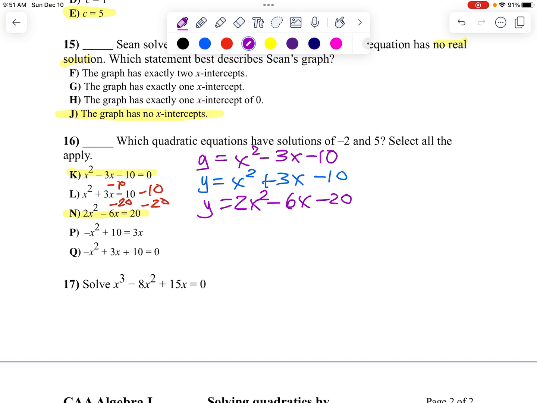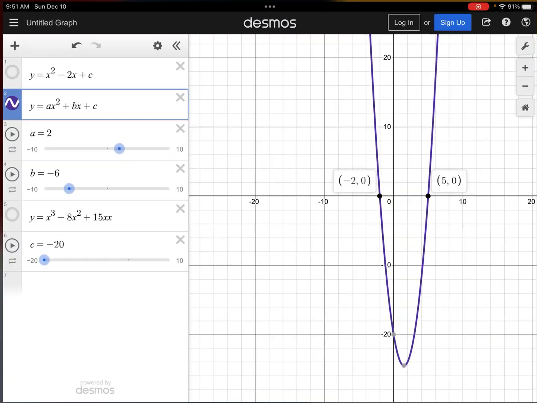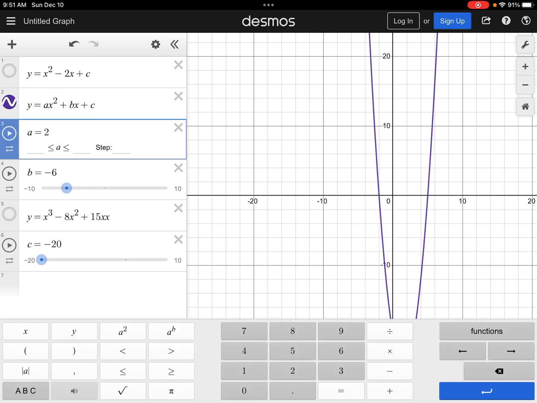Okay, on letter P, I'm going to minus 3x from both sides. So then my related function is going to be y equals negative x squared minus 3x plus 10. Okay, so then I'll change A to negative 1.